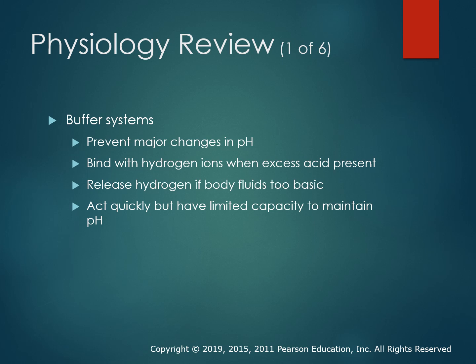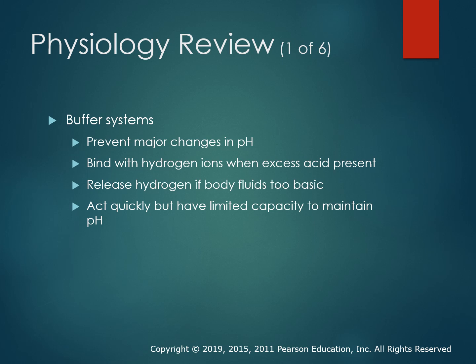So what is the buffer system? Buffers are substances that prevent major changes in pH by releasing or binding hydrogen ions. When excess acid is present in body fluid, buffers bind with hydrogen ions to minimize the change in the pH. So when the hydrogen ions get a little out of balance, it buffers, it balances it, it removes it.